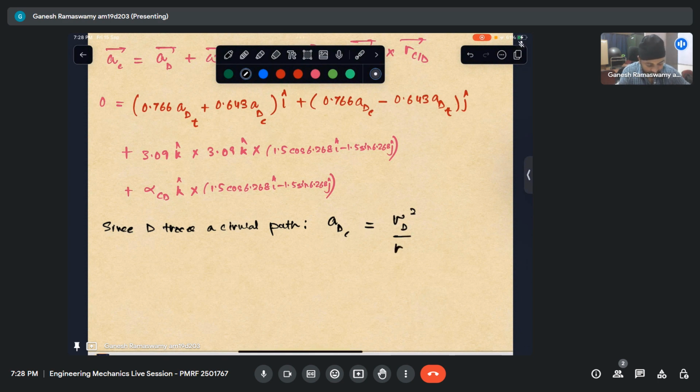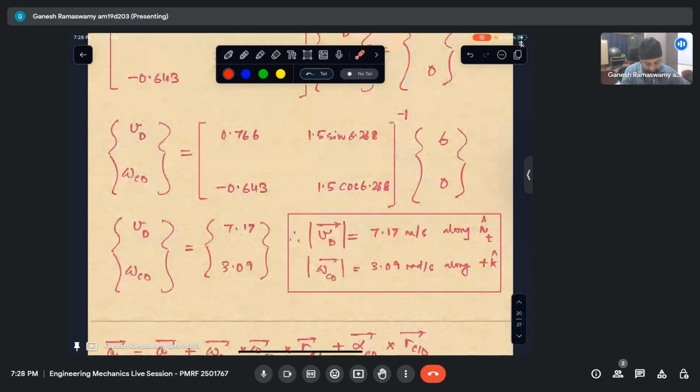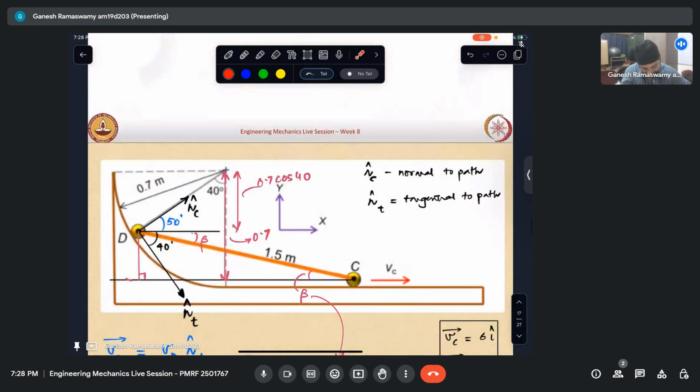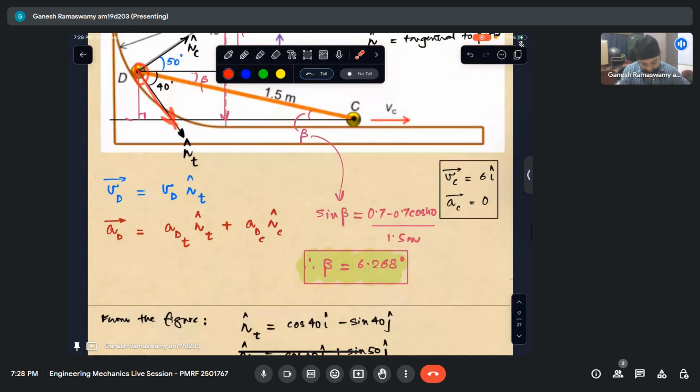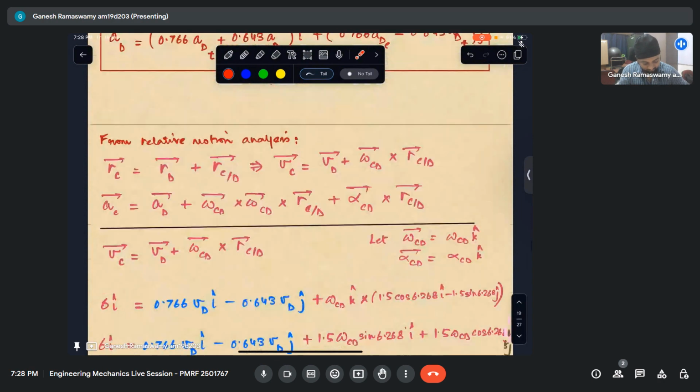It is not the actual length of the bar, that we must understand clearly. Since this is the circular arc it is passing, this distance is R. R is 0.7. VD we just found out that it is 7.17. So in such a case, I'm in a position to calculate this.